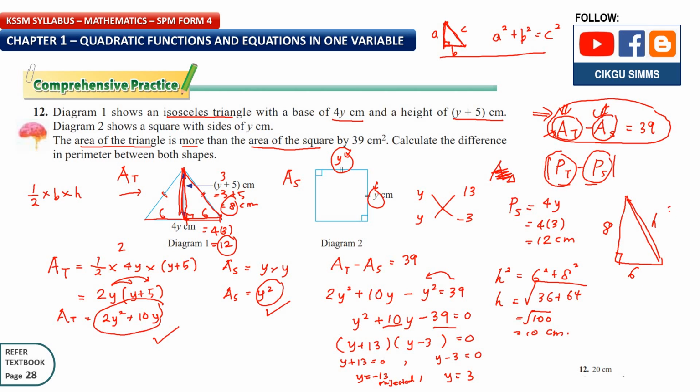Since H is 10 cm, this length is 10, and this length is also 10. So the perimeter for the triangle is 10 plus 10 plus 12, so it's 32 cm. So the difference between both shapes, PT minus PS, is 32 minus 12. So the answer is 20 cm.